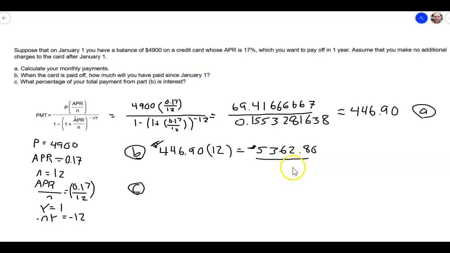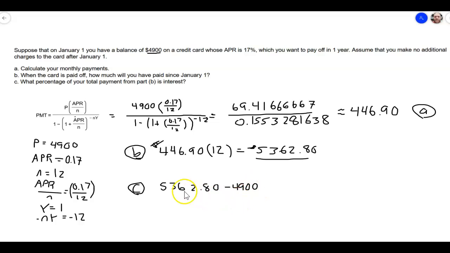So to find the interest part, we take the total amount and we subtract the non-interest part, which would be that amount right there. So we would take the total amount, 5,362.80, and subtract the non-interest amount, which was the 4,900.